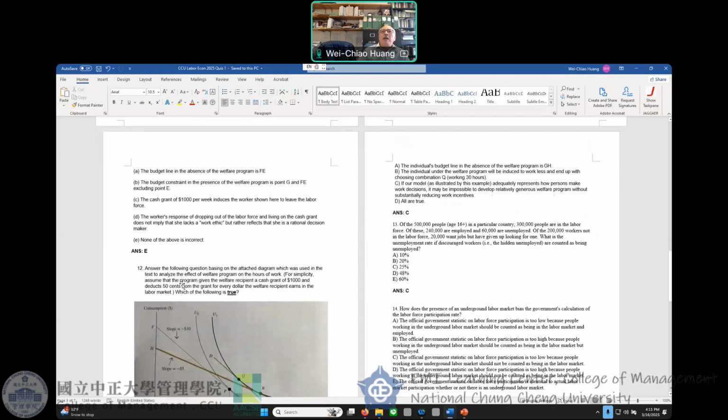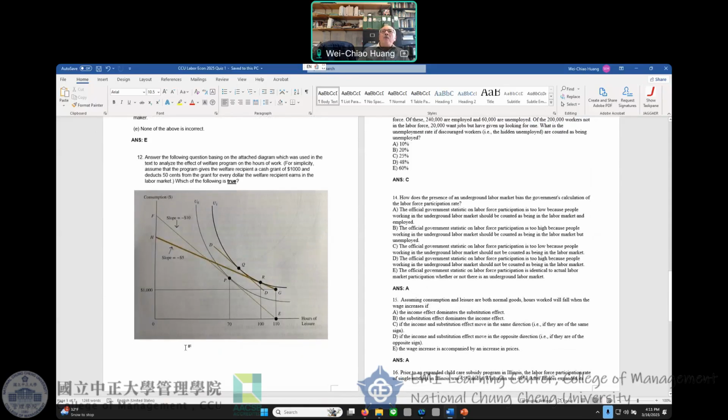Now, question 12, another picture here. Answer the following question basing on the attached diagram, which was used in the text to analyze the effect of a welfare program on the hours of work. Okay. And if you connect with the previous question, that was a take it or leave it, very bad program.